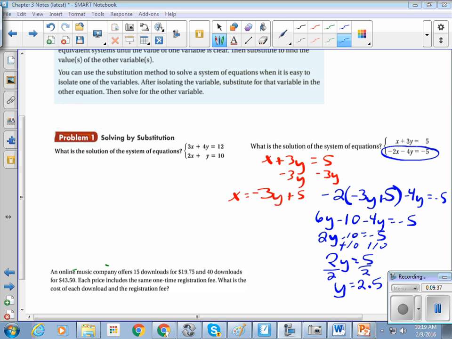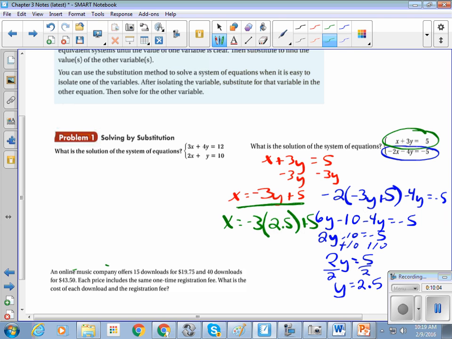Once we find that y is equal to 2.5 or 5/2, we take our original equation, x plus 3y equals 5. Actually, I'm going to take this version of the original equation because it's already solved for x. Let's work smarter, not harder. I'm going to say x is equal to -3 times 2.5 plus 5.